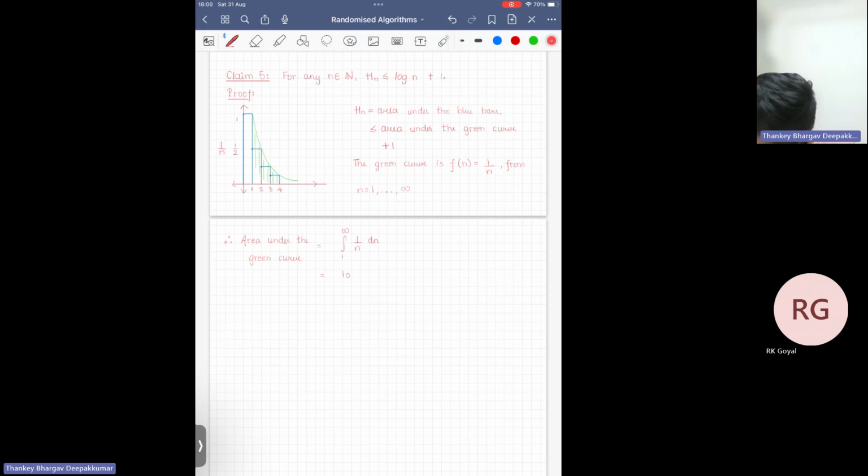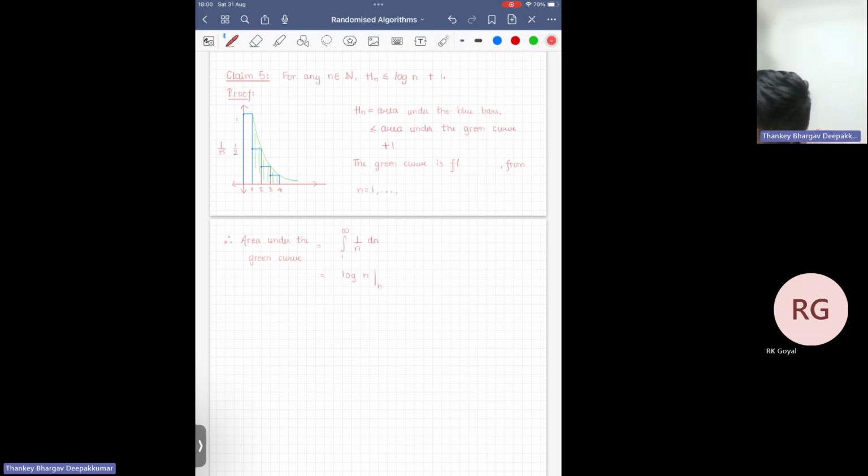And this is log n equals to 1. Not infinity. So I'm only interested in Hn, right?